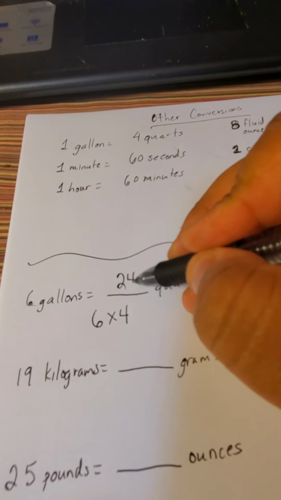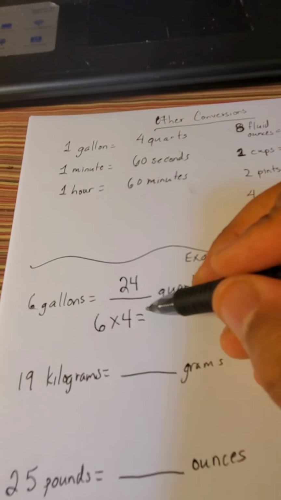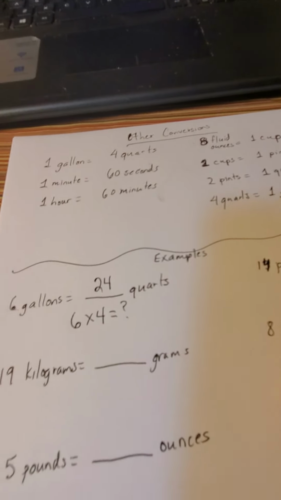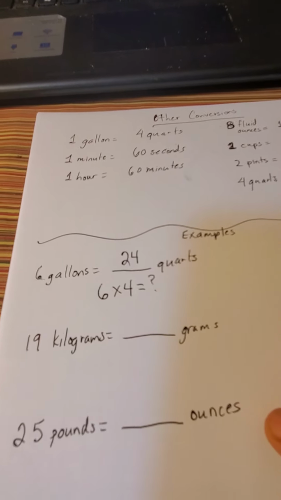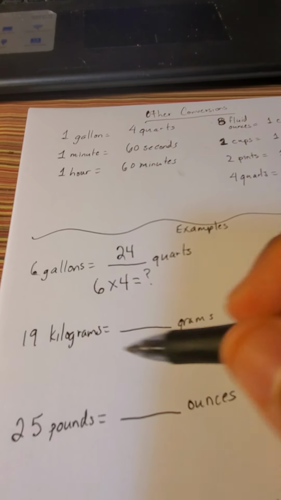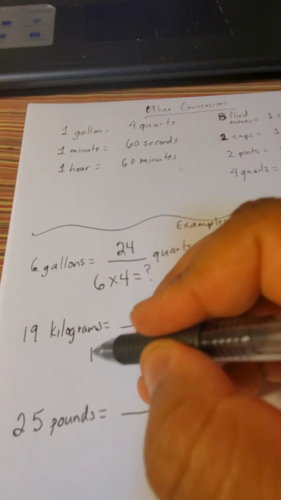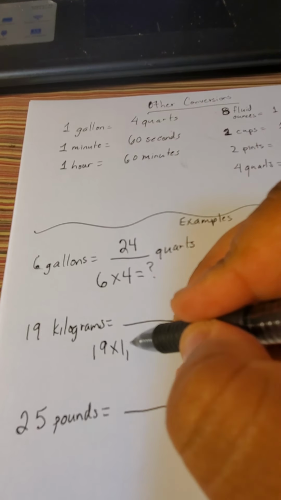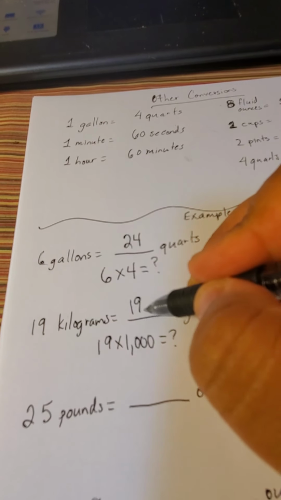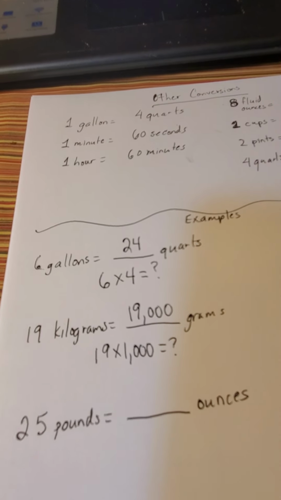That's 24 quarts. Next, 19 kilograms, how many grams? Well, I remember on the other page that 1 kilogram is 1,000 grams. So this would be 19 times 1,000, and that would be 19,000 grams.